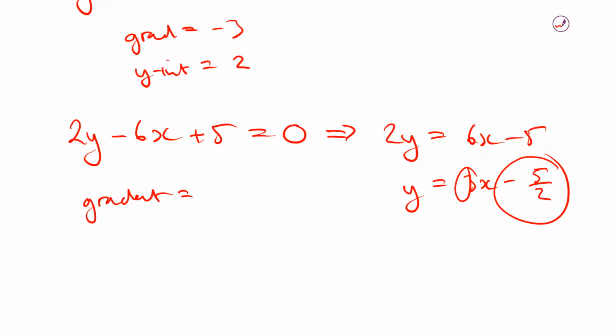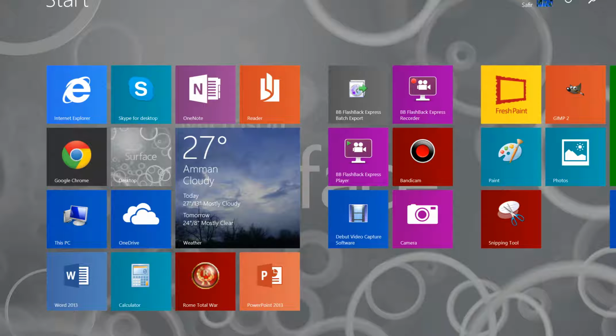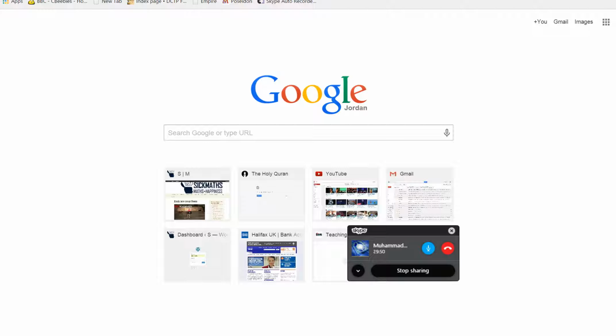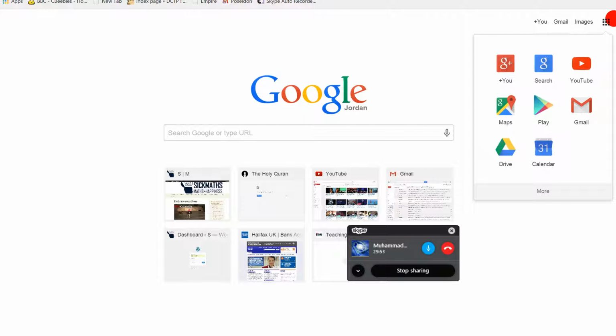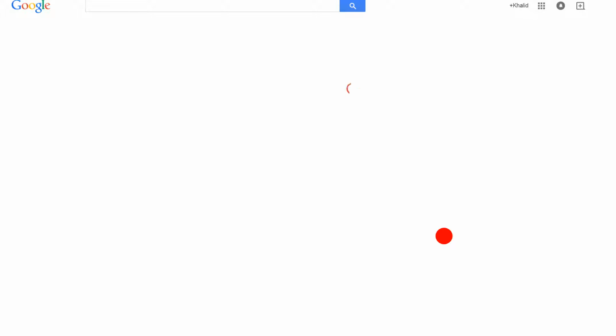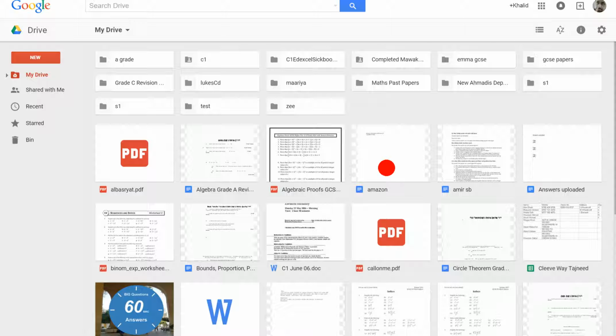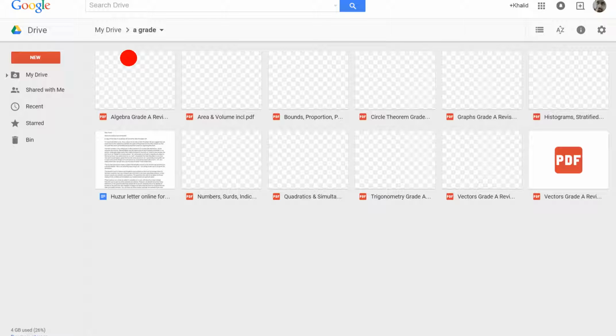Okay, but we want to get to some serious stuff. I think it's time to grab a question. I'm going to grab it from my notes. It's here, and straight line graph stuff is what I want. A grade stuff, and where would it be?